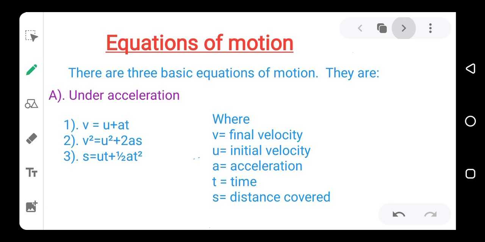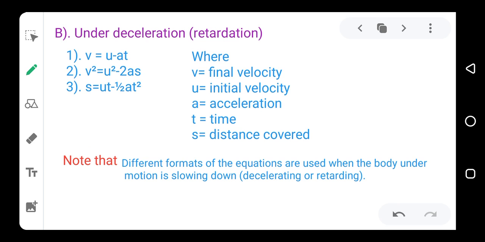Now, when the body is slowing down or decelerating, we use this format. We just change the positive in the equations to negative. So instead of having v is equal to u plus at, we now have that v is equal to u minus at.